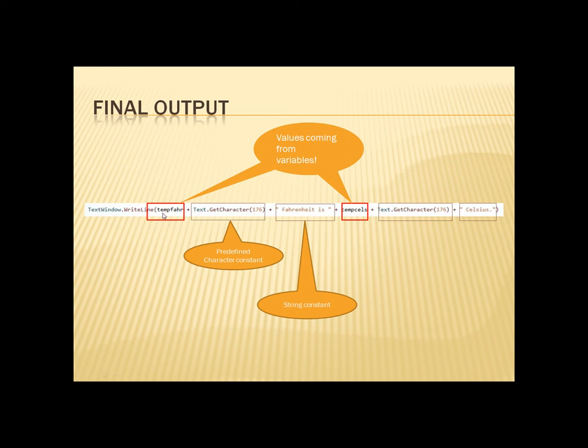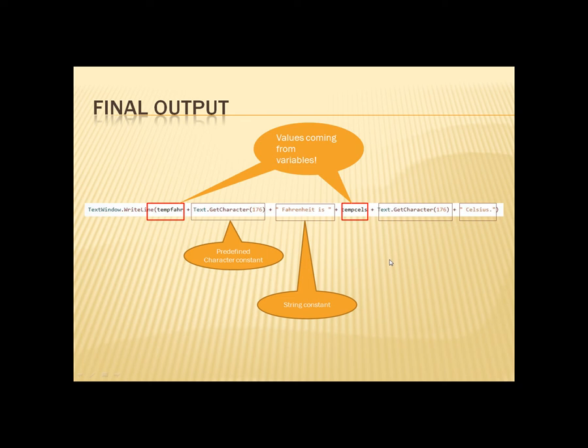We have values coming from our variables. The original degrees Fahrenheit that I entered, the 13, is coming out of the temp variable. The negative 11, which we've calculated and rounded down, is still in the temp cells variable. So we're picking those values right out of those memory locations to display it to the user, which is the whole point of this program, right, is to convert a temperature and display the result to the user.